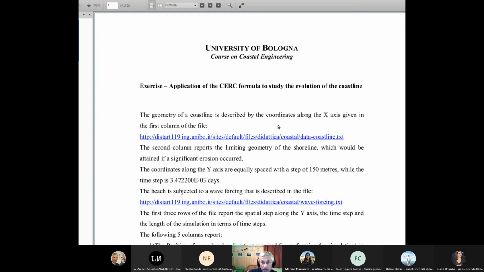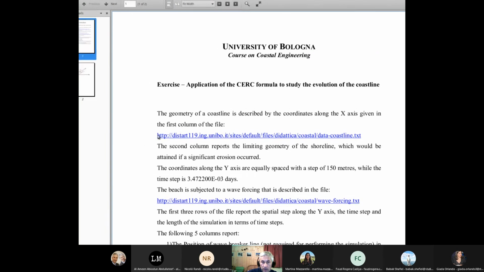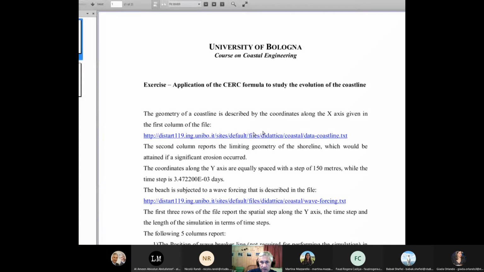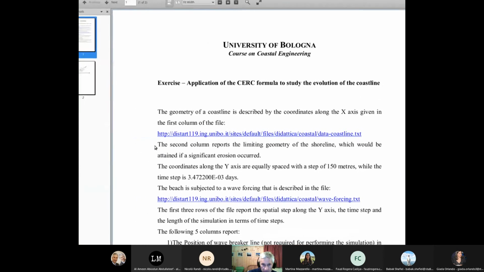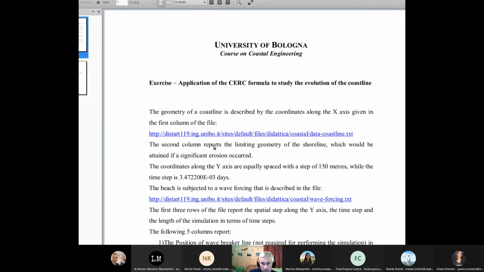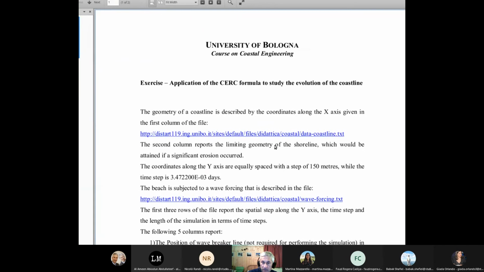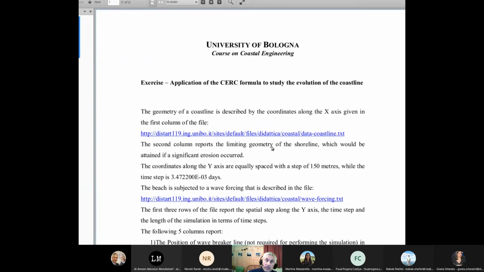The geometry of a coastline is described by the coordinates along the x-axis given in the first column of this file here. This is a link that you have to put on the web to download this file. The second column reports the limiting geometry of the shoreline. What is the limiting geometry? Let's suppose that we get erosion and the erosion moves on.